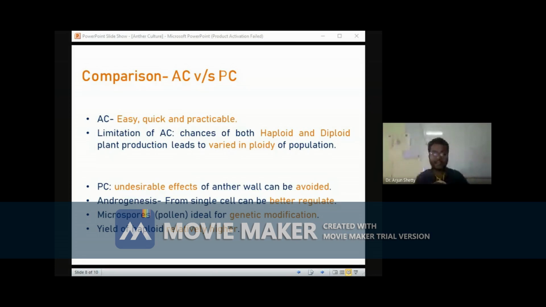In the case of pollen culture, because of the undesirable effects and the varied ploidy population, we can avoid the anther wall. By inoculating only the pollen culture, we can go for the production of only haploid plants.